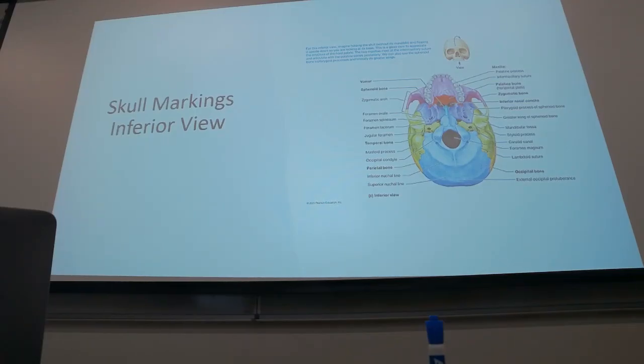So this is the freely movable joint that we have in our skull. The rest are sutures. And we said last time that because of this movement, we can open and close our jaw to speak and to eat. Sometimes this one can dislocate, especially if someone has a blow here on the mandible. The condyle falls out of place, and then the person ends up with an open jaw. And then they have to put it back.